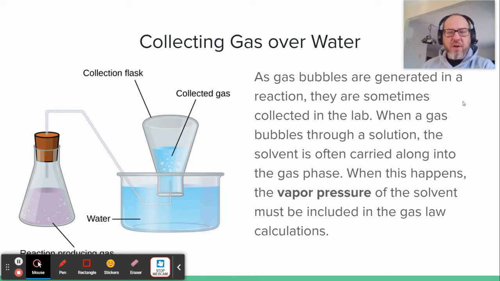If you're collecting over water, the solution is primarily water, so you have to look up the vapor pressure of water for the temperature that the gas is being collected at. This is a vital correction factor, because the gas in this flask is not just the gas that you are generating, it is also the water molecules that are hitching along for the ride. That's very important. It's very key.